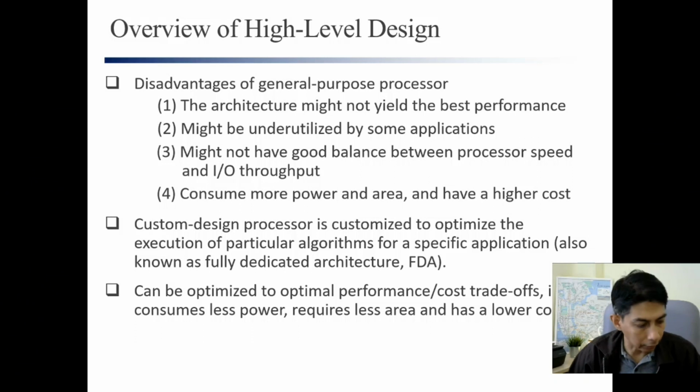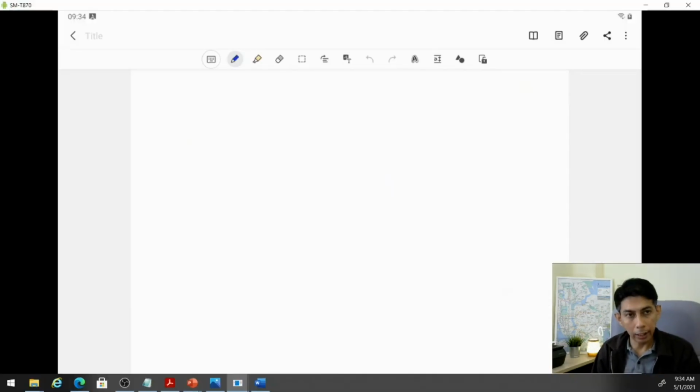So if we look at the general purpose processor, maybe we can have a look at this. When we talk about the general purpose processor, it means that the architecture, the hardware inside that processor, is fixed.